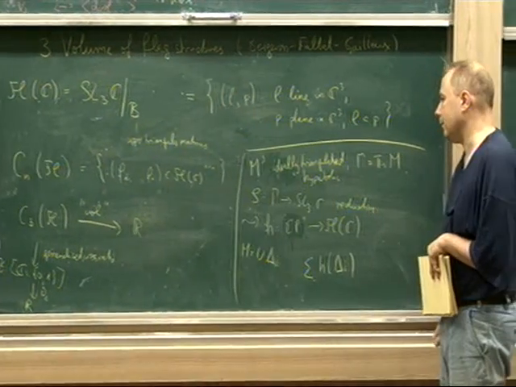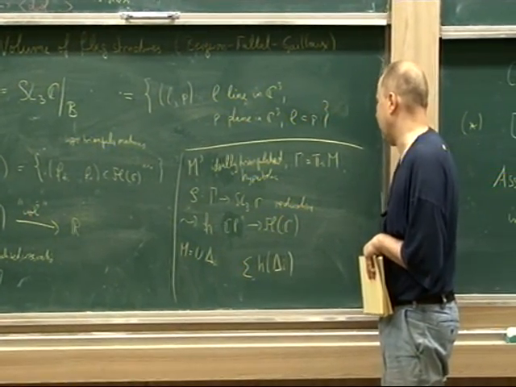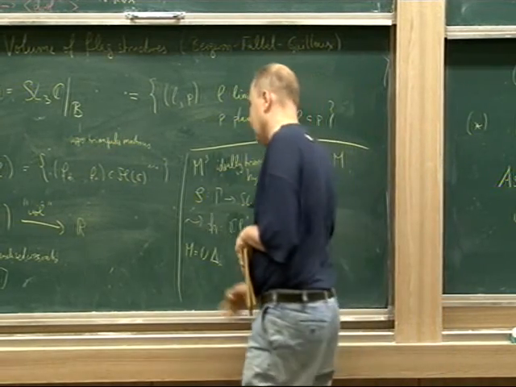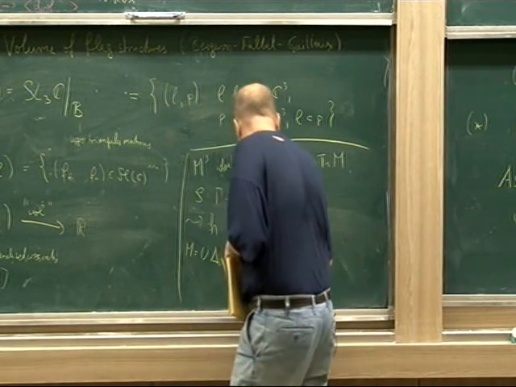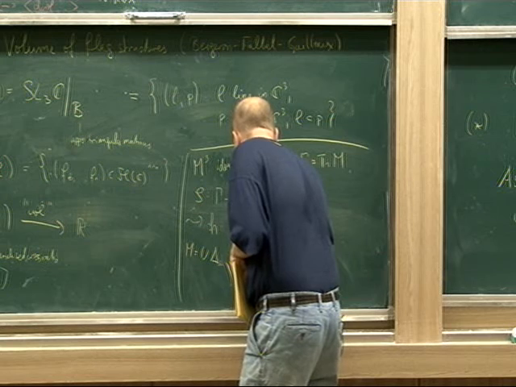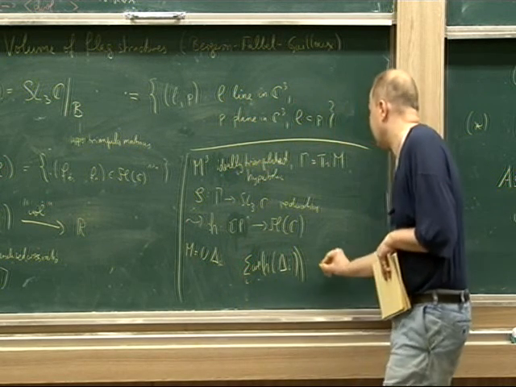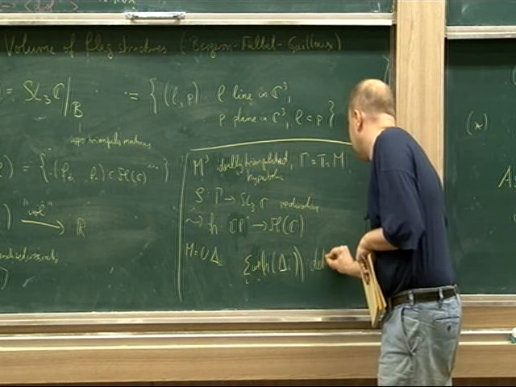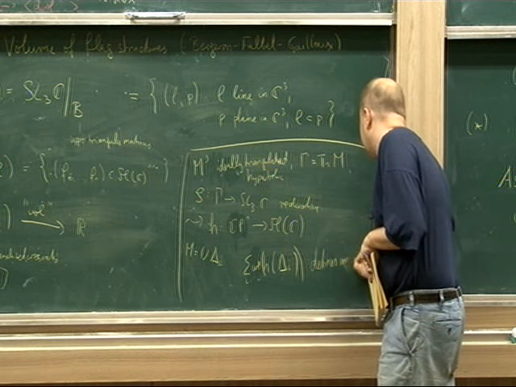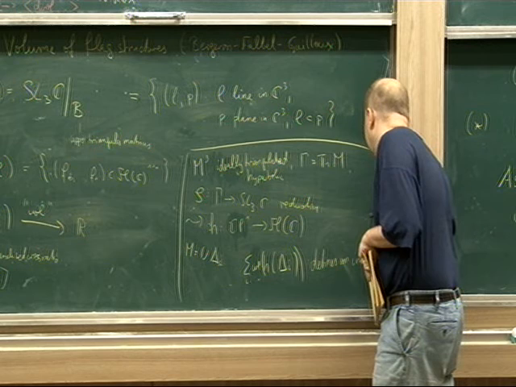So one takes this volume which they defined using the generalized cross ratios, and this defines an invariant which does not depend on the triangulation.